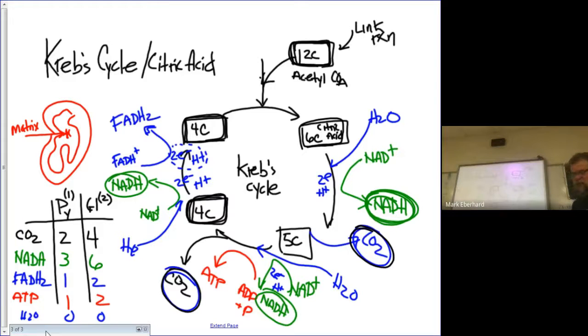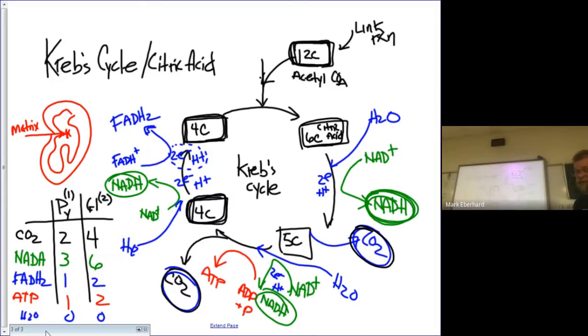So if you go through the first 3 steps, glycolysis, the link step, and the Krebs cycle, you've got 6 CO2s. You've got a whole bunch of NADH and FADH2s, which are holding on to the electrons and the energy. And you've got a whole whopping 4 ATP.